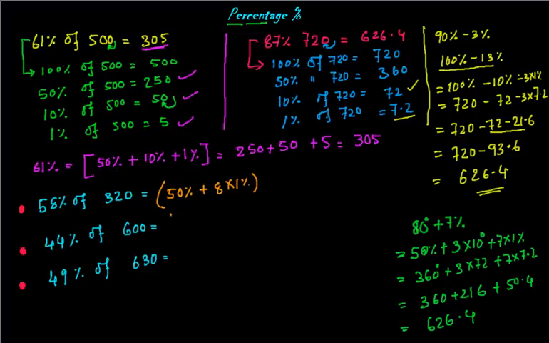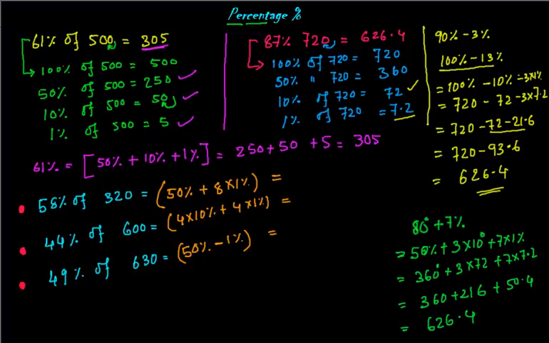This 44% I can write as 4 times 10%, which is 40%, plus 4 times 1%, which is 4%, so overall 44%. And for this 49% you can try 50% minus 1%. Now try with the hints, pause the video, and come back with the answers in case you are not able to find them.